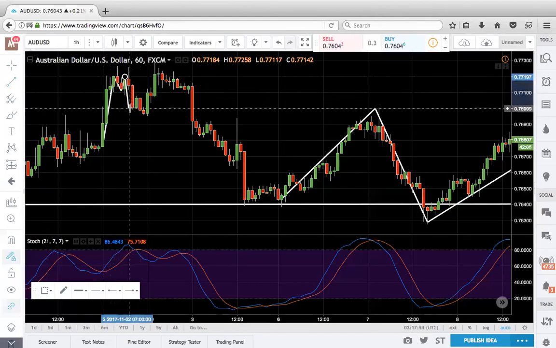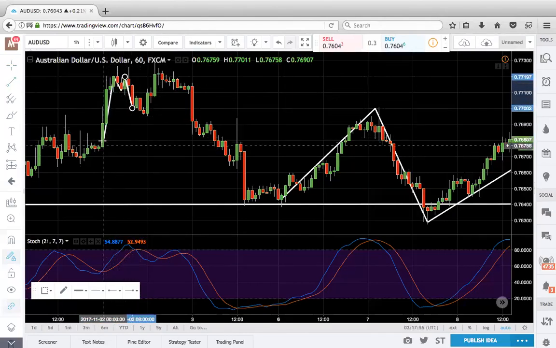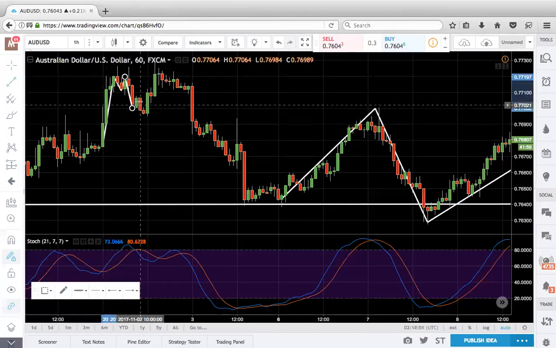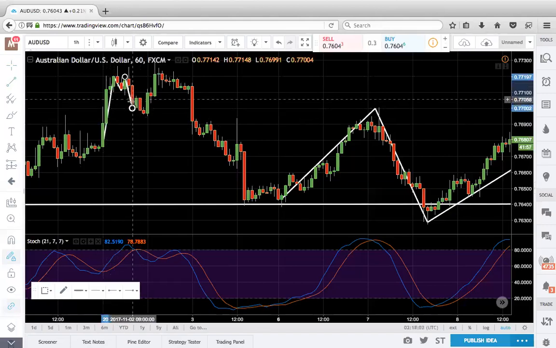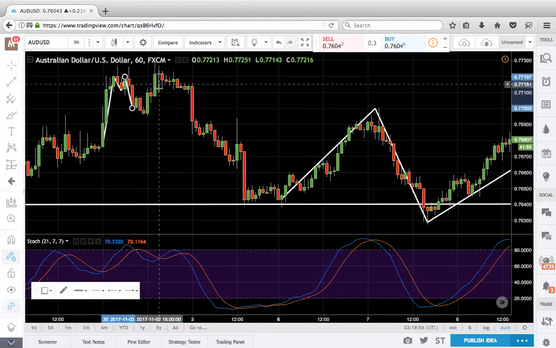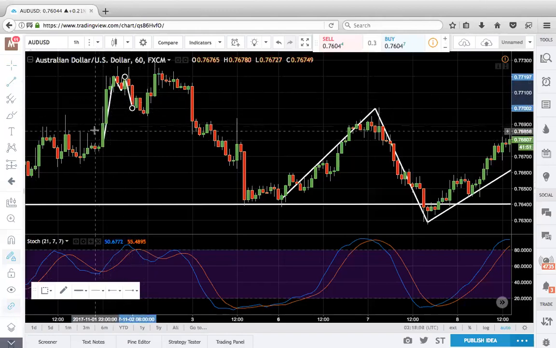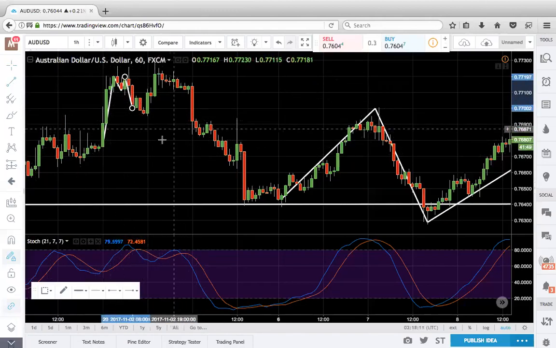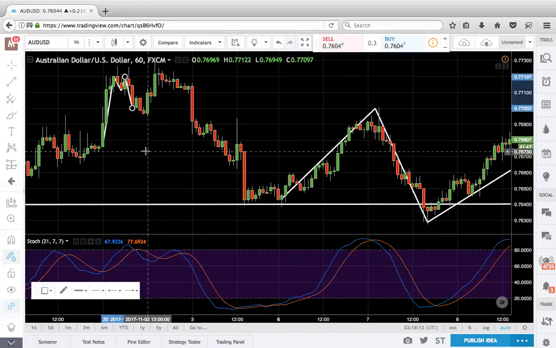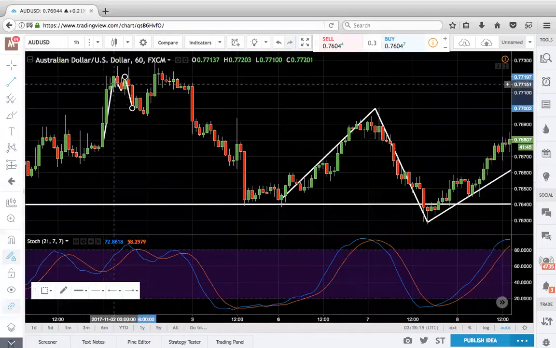But remember, on these green candles, it closes right here at the top. On the red ones, it closes at the bottom, okay? Green closes at the top, red closes at the bottom. Now you can change these colors to whatever you want, but for me, I've got green going up, red going down.